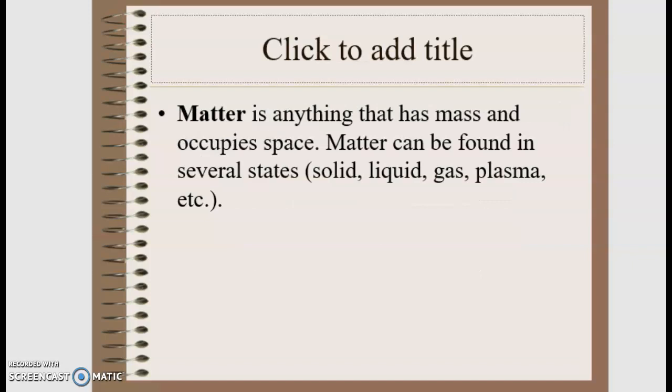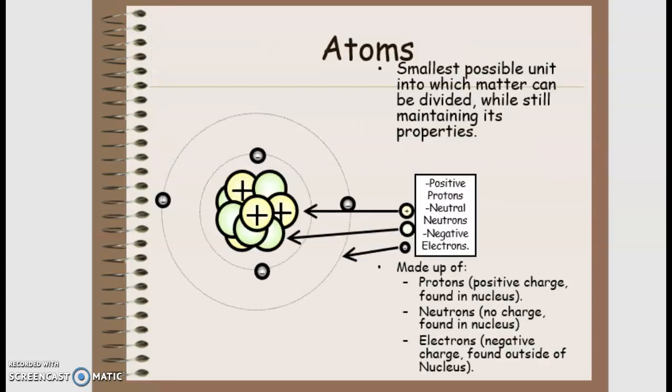Matter, again, as we learned yesterday, is anything that takes up space and has mass, and it can be found in several different states: solid, liquids, gases, and plasmas. So let's look at the subatomic particles of atoms. Atoms, again, are the smallest possible unit into which matter can be divided while still maintaining its properties.